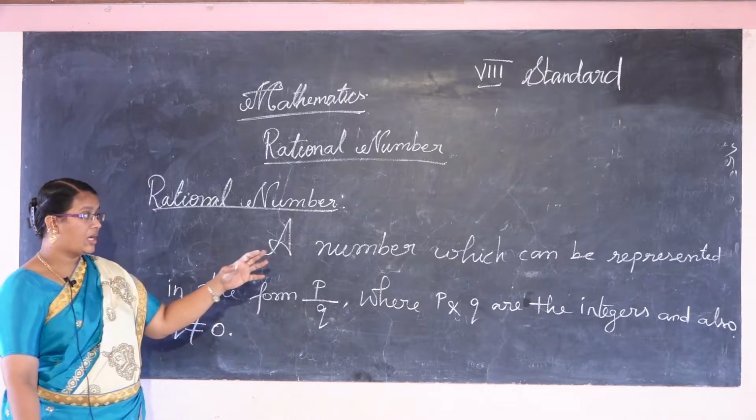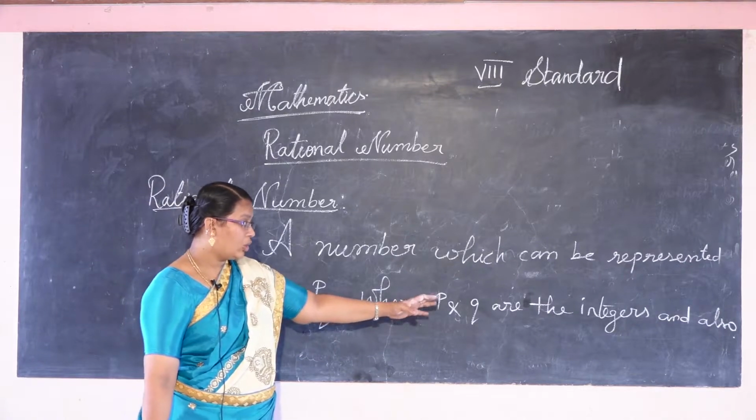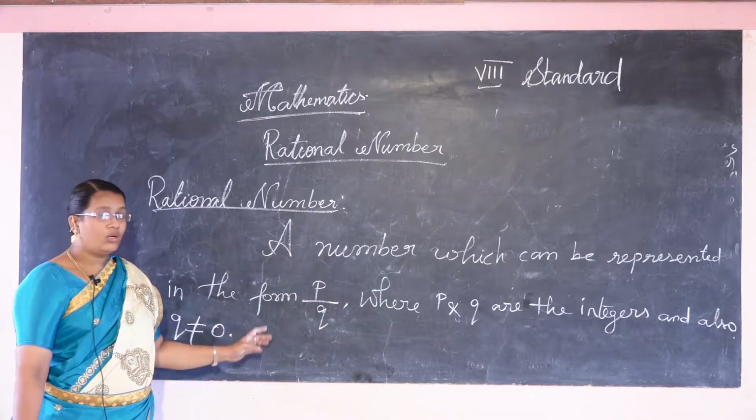If a number can be represented in the form p by q, where p and q are integers and q is not equal to 0, then the number is called a rational number.